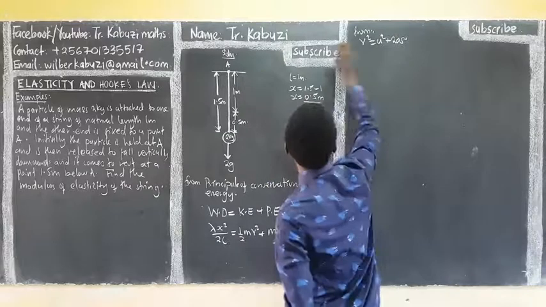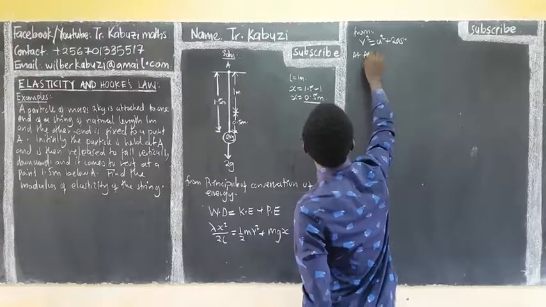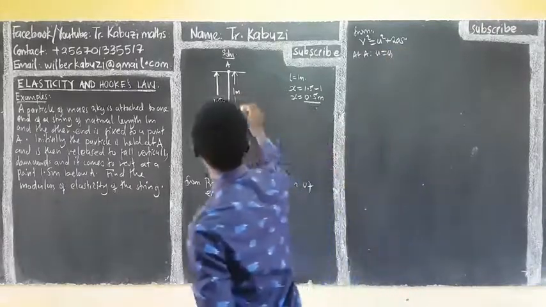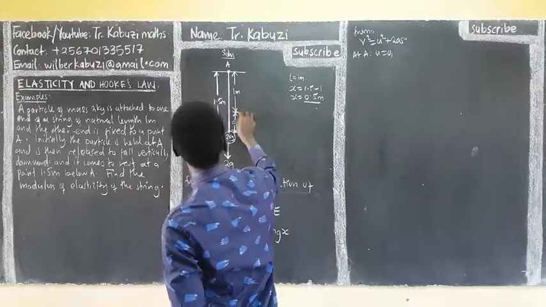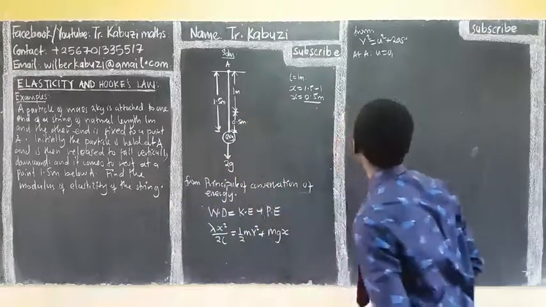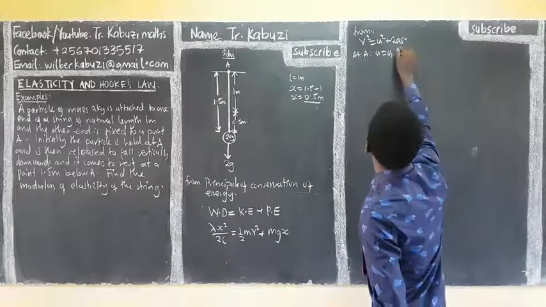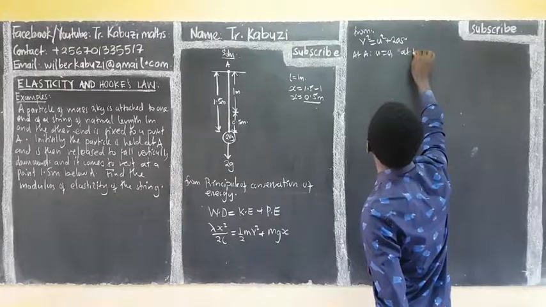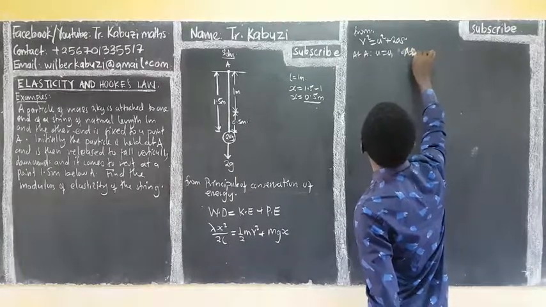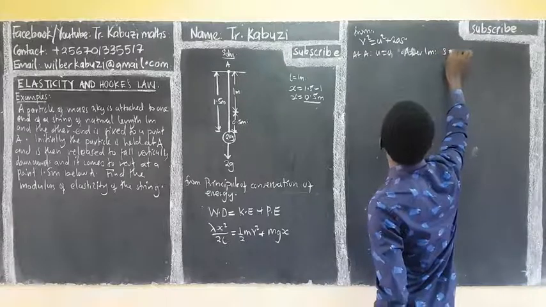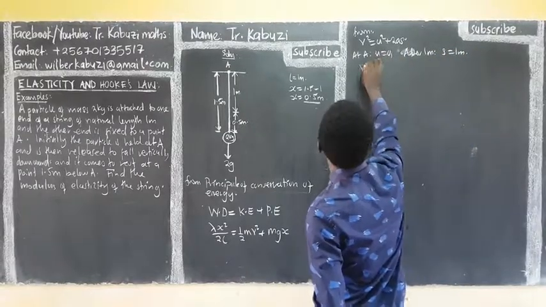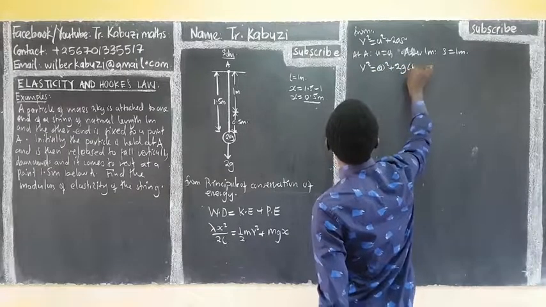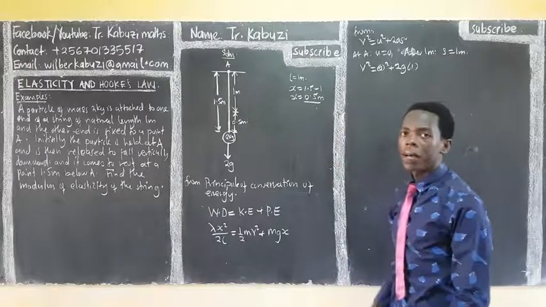At A, our u is 0, and let us call this point B, where the velocity passes. After 1 meter, our s of course is 1 meter. So putting that in, v squared is 0 squared plus 2 times g times 1, because it's falling. The acceleration is due to gravity.